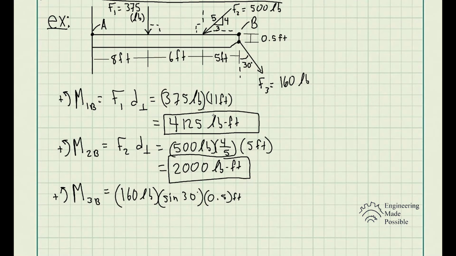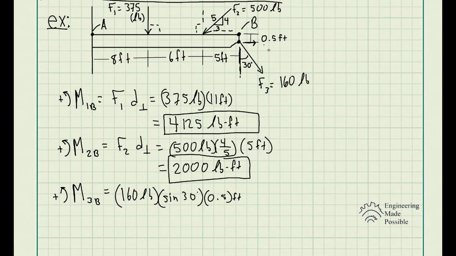So for the third force, we have 160 pounds, but in this case, we also have an X component and a Y. Now, since the Y component is being directed directly where point B is, this force will not cause any rotation about point B, only the X component in this case.